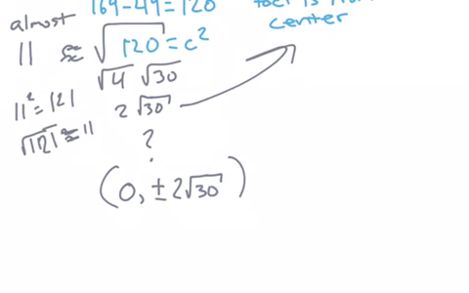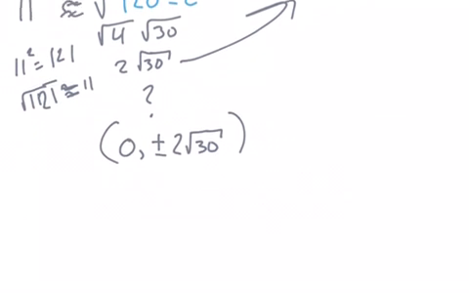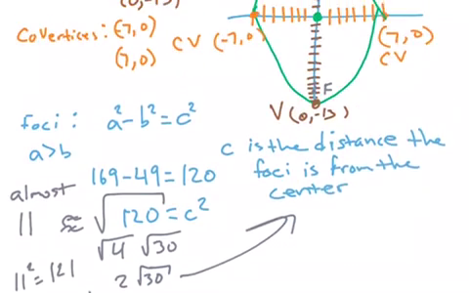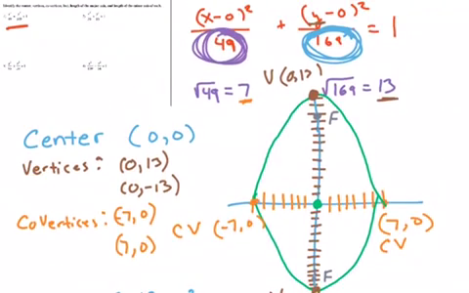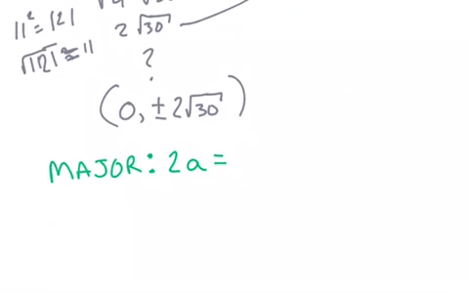Okay? Now, all I have left to do is the major and the minor axis. So, what's the major? Remember, I said it's 2 times the bigger, so if I'm assuming that the bigger is always a, it's 2a. What is a? a is the square root of 169, which is 13.